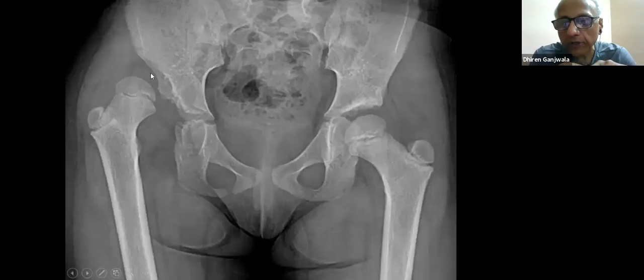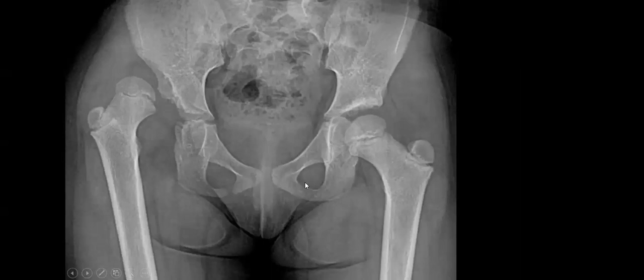Just before that, there is a question: why do we really want to treat this patient? If we don't want to treat, already 5 years have passed. If this is really a difficult surgery, why do we really want to treat them? A closed reduction will help in concentric reduction of the hip into the acetabulum, which helps in mutual growth of each other, sir. Right.